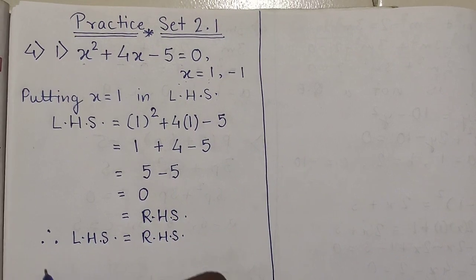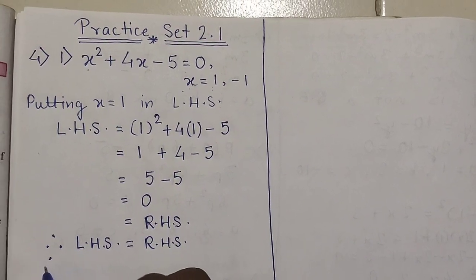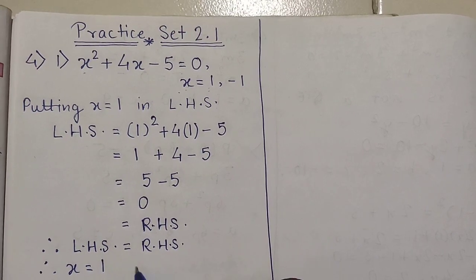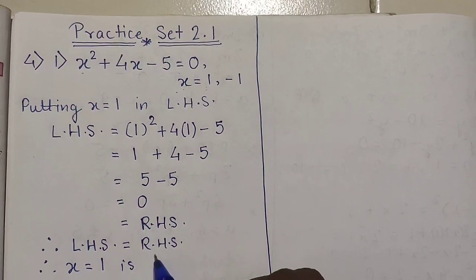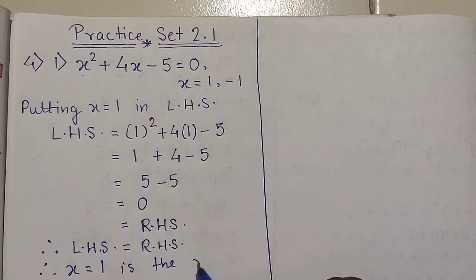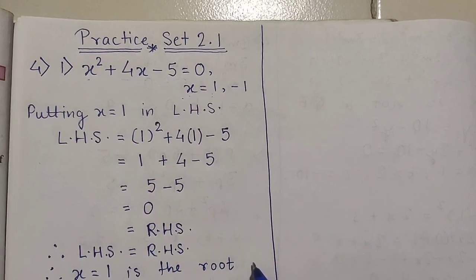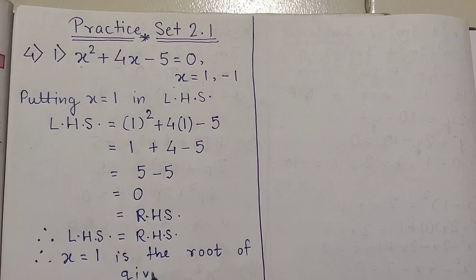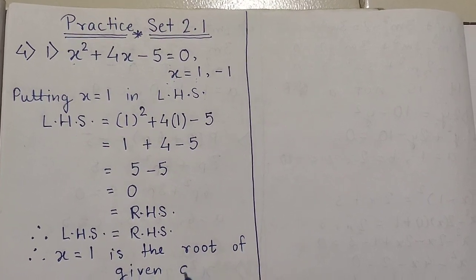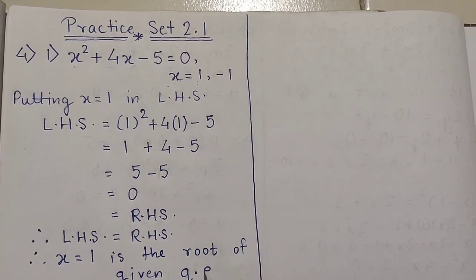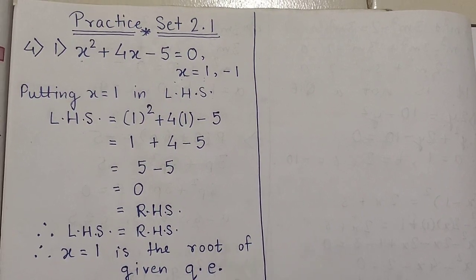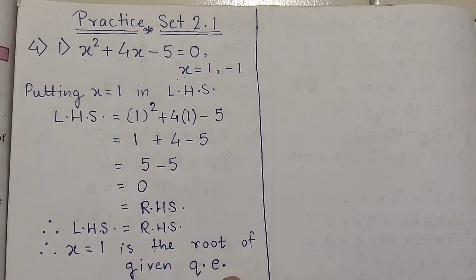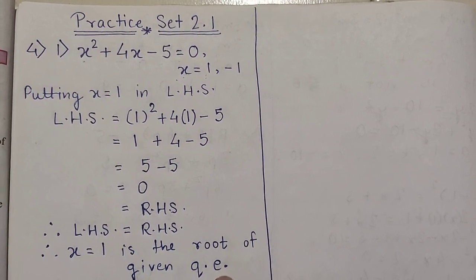So finally we are going to write, therefore x is equal to 1 is the root of the given quadratic equation. Okay students, you will write the full word, quadratic equation, in full. I am writing in short.